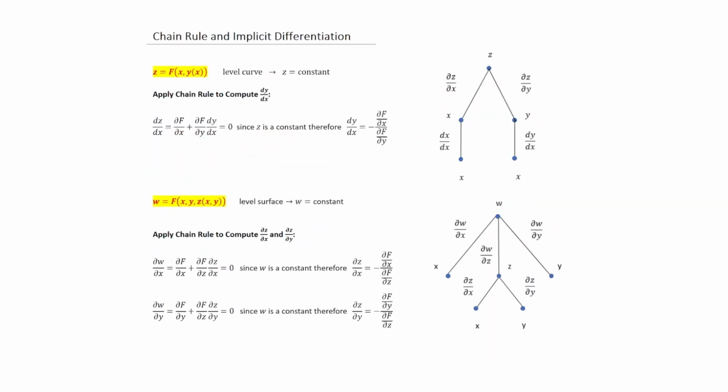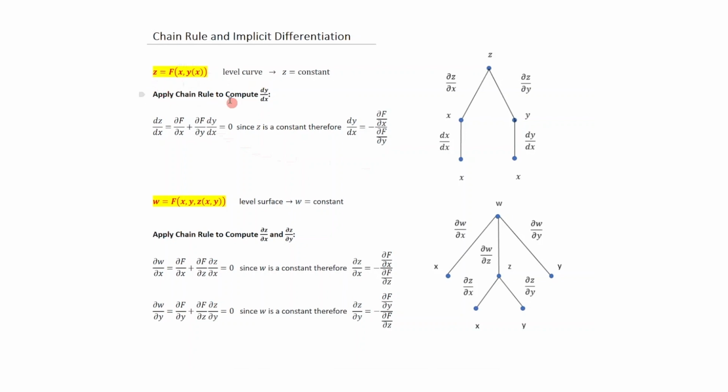We found that we could use the chain rule for differentiation, particularly if you're dealing with an implicit function. So for instance, if you have z as a function of x and y of x, but you're not necessarily given y of x, nevertheless, if you were able to put y in terms of x, then this expression is perfectly valid. All right, and then we're going to assume that z is a level curve, which means z equals constant.